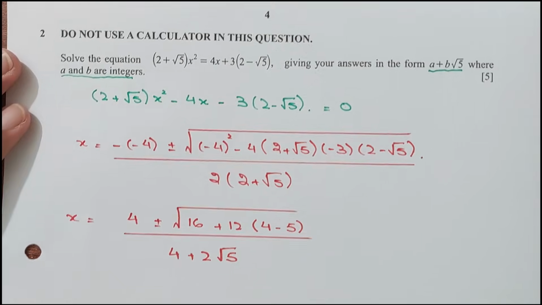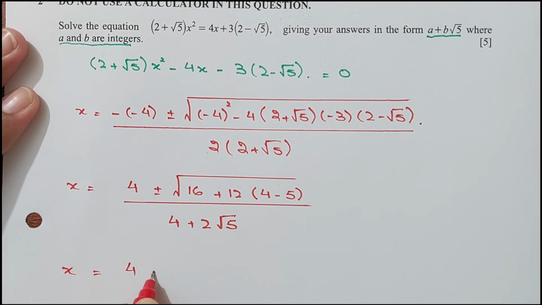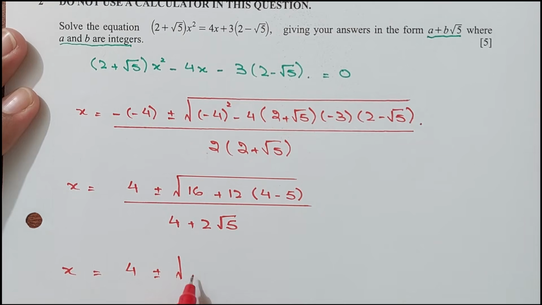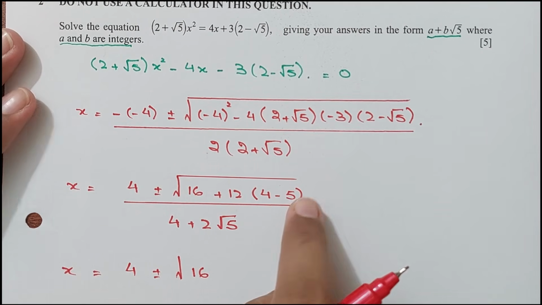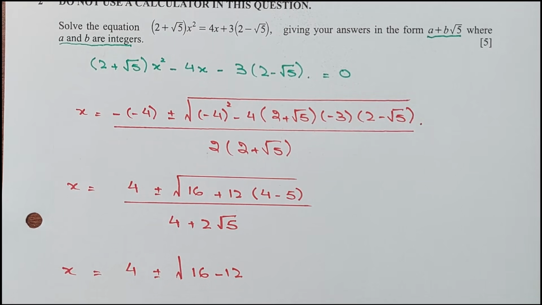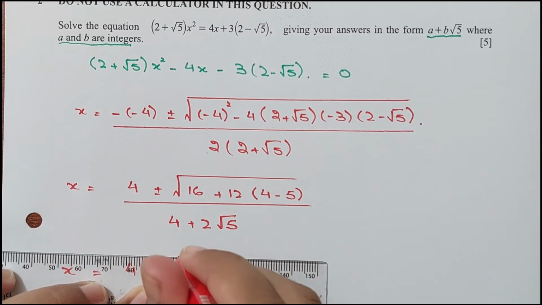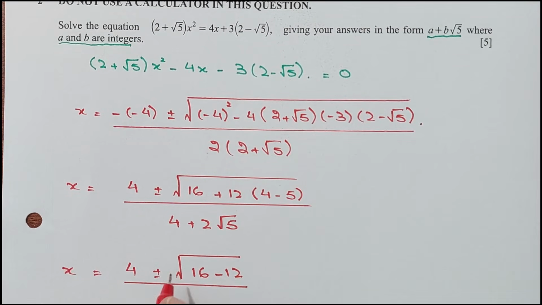Further simplification: x equals 4 plus or minus the square root of 16, 4 minus 5 is -1, and -1 times 12 is -12, divided by 4 plus 2 square root of 5.